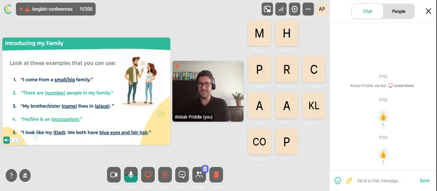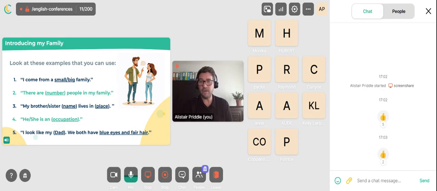Okay, let's continue and think about some sentences that we can use in conversation to talk about our family. Look at these examples that you can use. For example, number 1, I come from a small or big family.